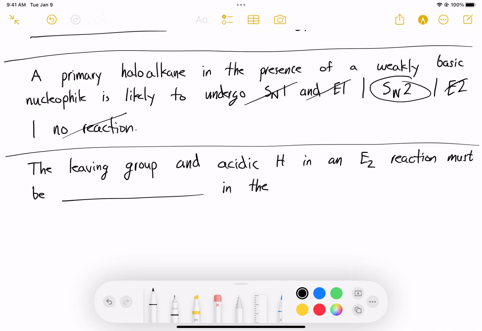Remember when I drew those hydrogens, they were always a wedge and dash bond involved in the transition state. So in this case, the bonds must be anti-periplanar. Or you could say anti, but we prefer anti-periplanar. That has to do with how the orbitals interact, but we're not going to go much into that. If students are interested and need a better explanation, come see me.